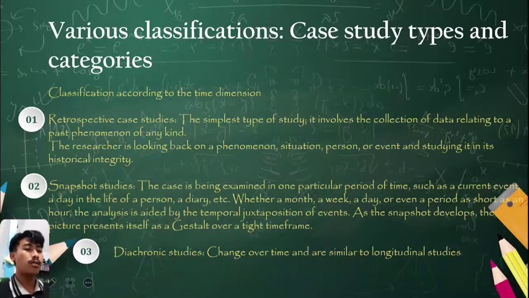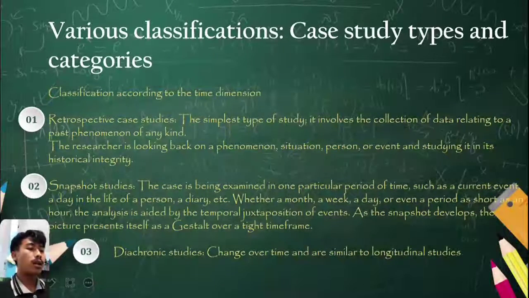And number 2, snapshot studies. The case is being examined in one particular period of time, such as a current event, a day in the life of a person, a diary, an age. Whatever, a month, a week, a day, or even a period as short as an hour. That analysis is aided by the temporal juxtaposition of events.